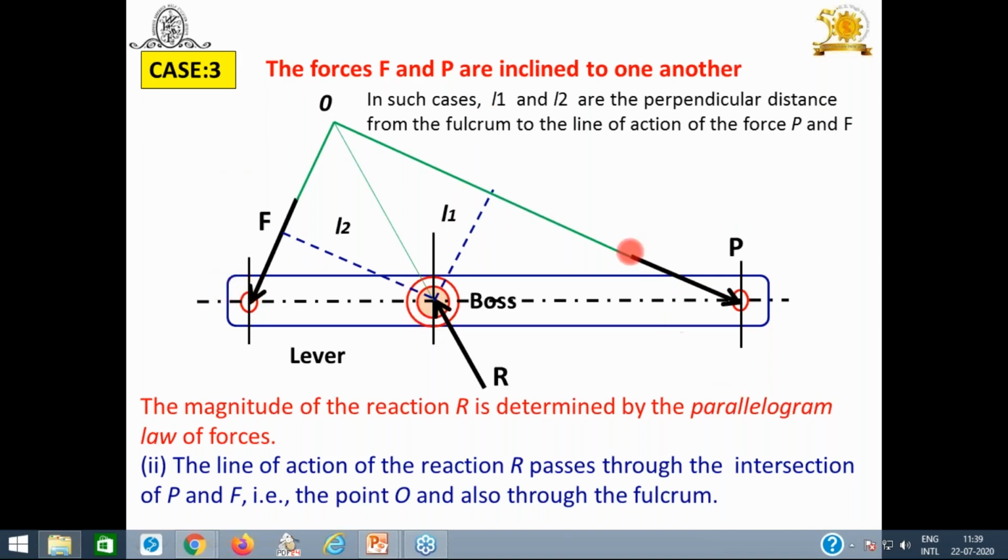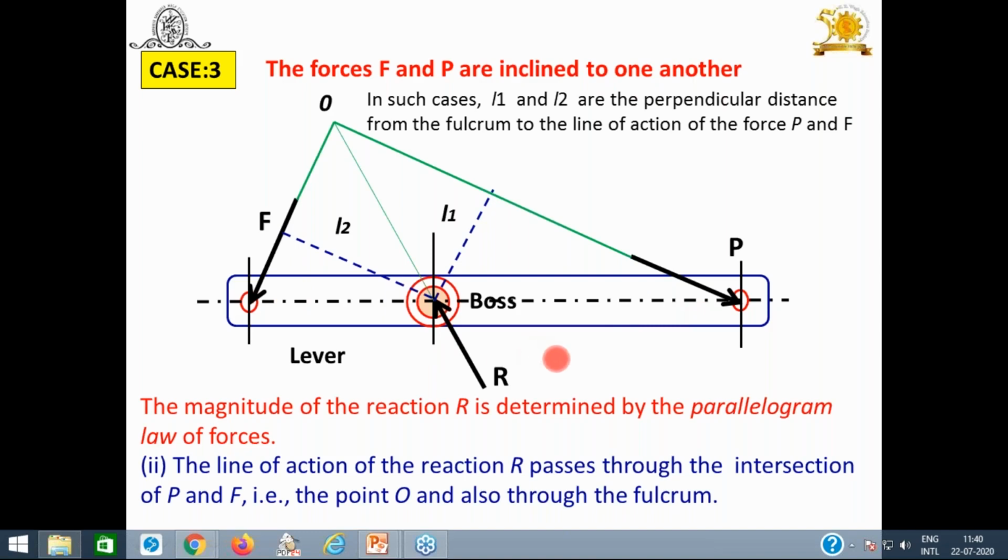But in this case, you will find this effort is inclined and this force or load is also inclined, or in another way I am going to say, effort P and load F are inclined to one another. This is case number 3.